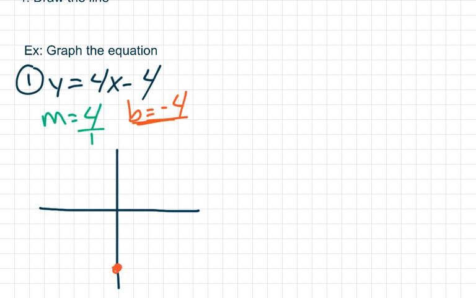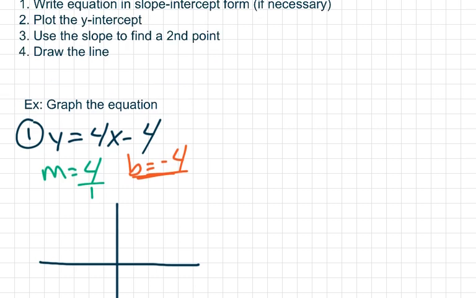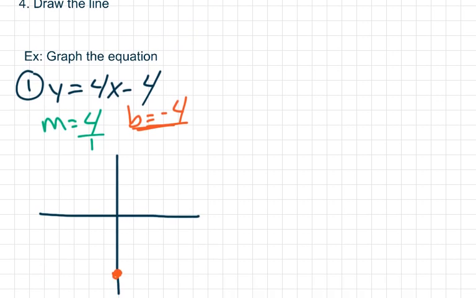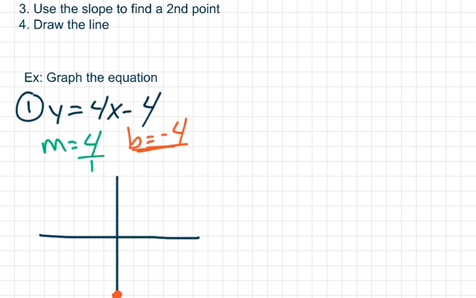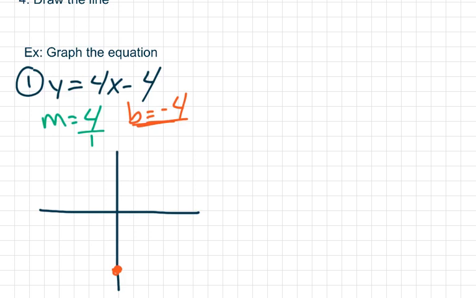Now we use the slope, because now we're into step 3, use the slope to find a second point. Our slope is 4/1. So this is a positive change in y and a positive change in x. So I'm going to go 1, 2, 3, 4 units up, and then a positive 1 is 1 point over. So our second point is going to be right there.